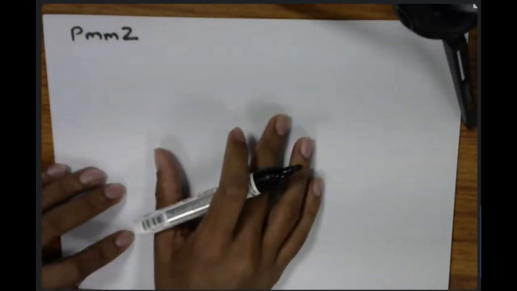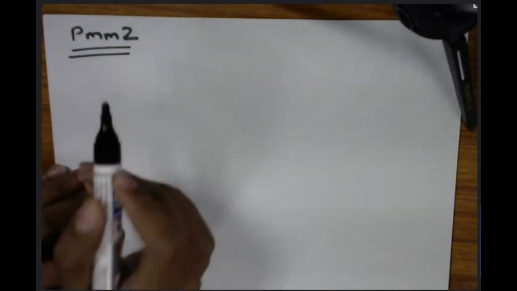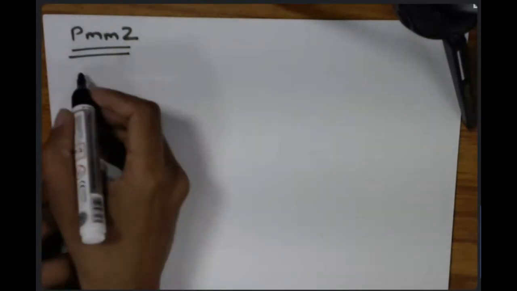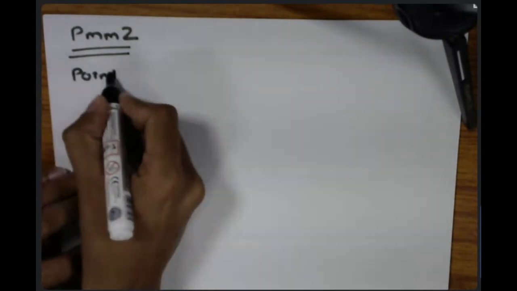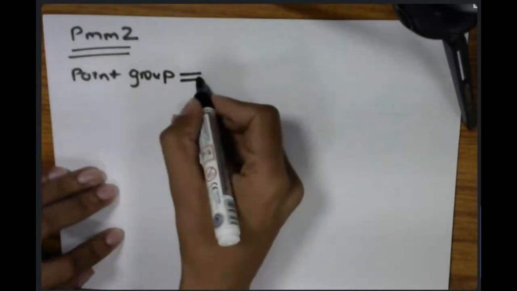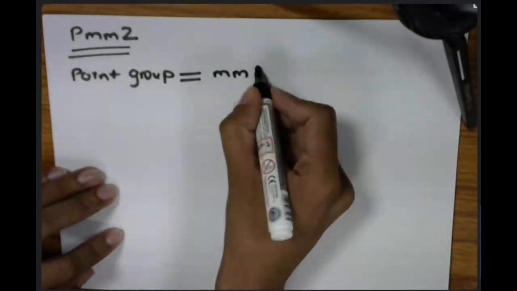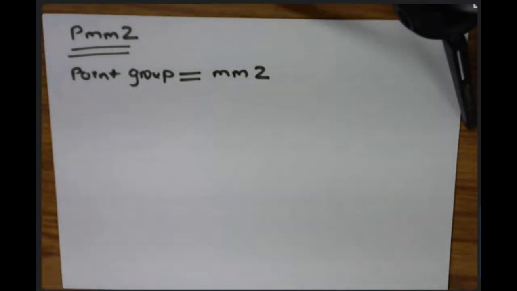This is the space group given to us, right? So the point group corresponding to this particular space group is mm2. Let's see how this mm2 looks.